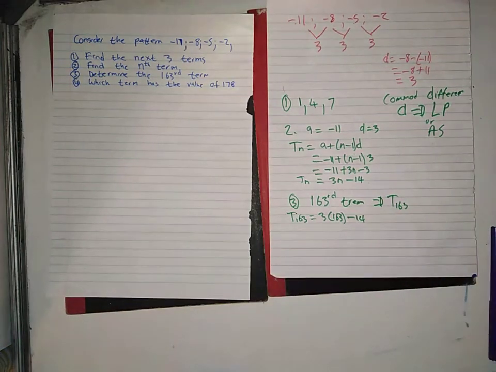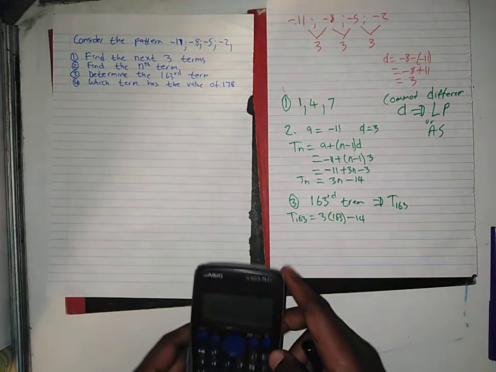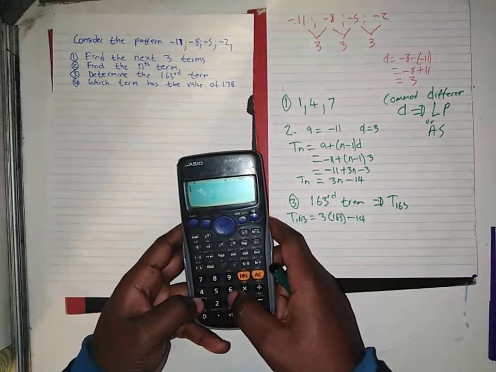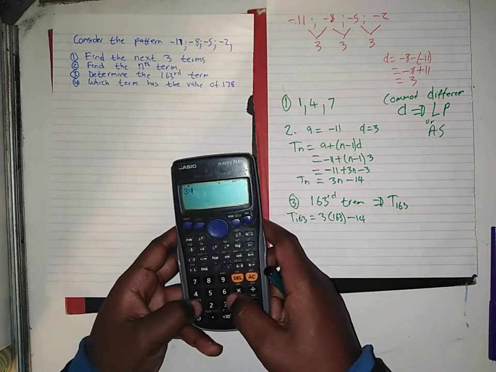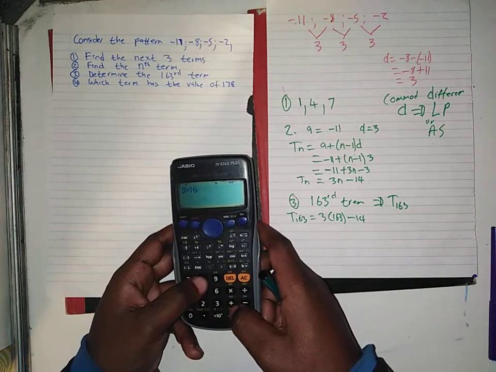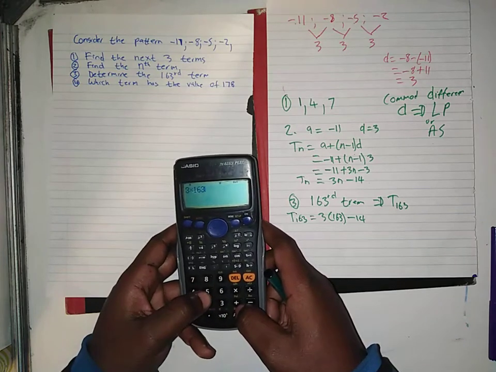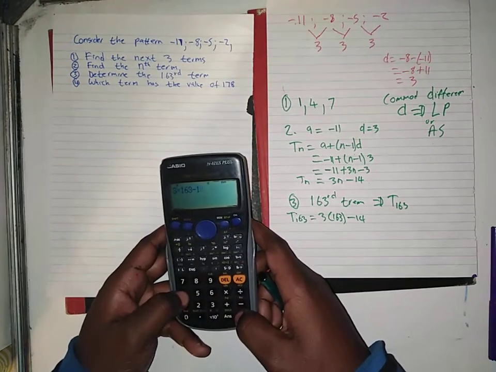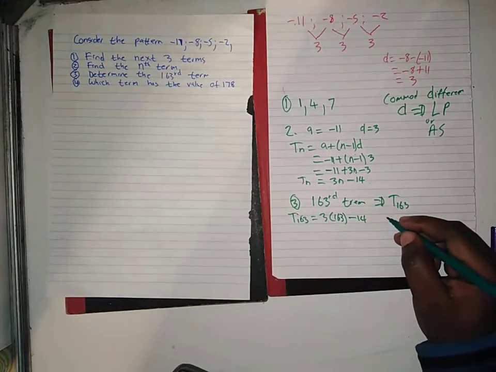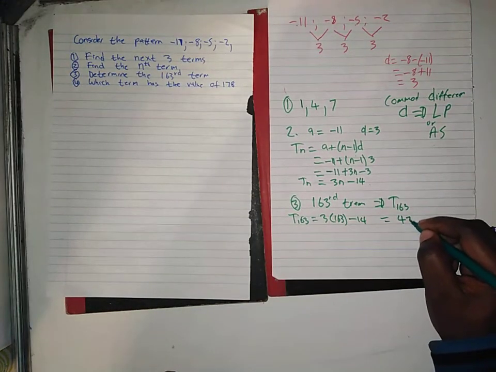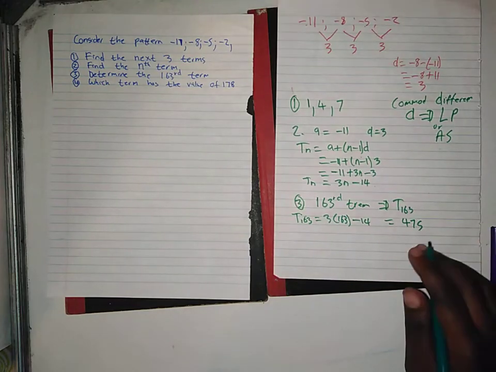Too lazy to count this, you can just put it in the calculator. 3 times 163 minus 14, then you get 475. So your answer is 475.